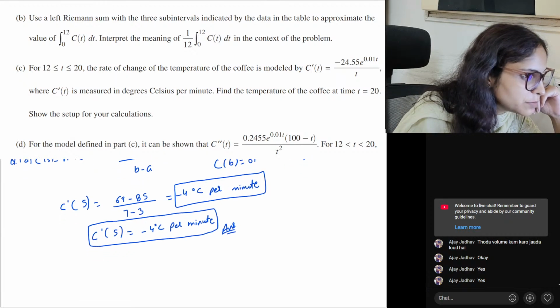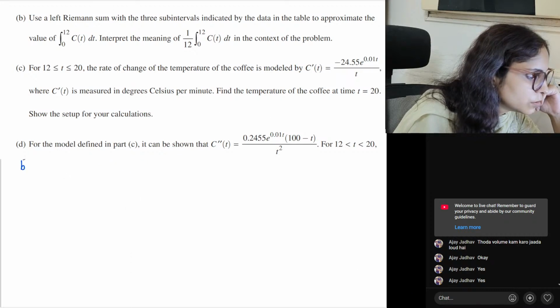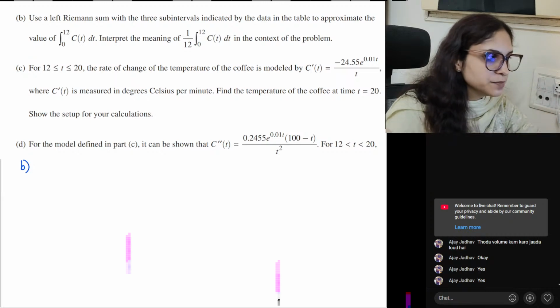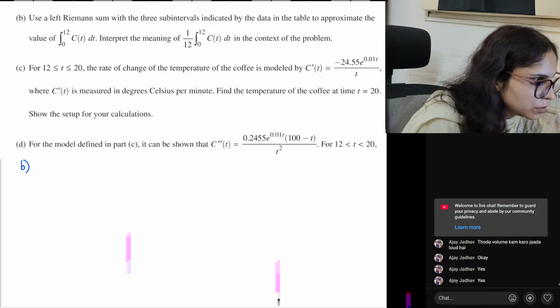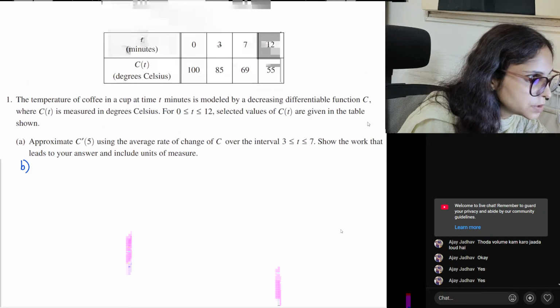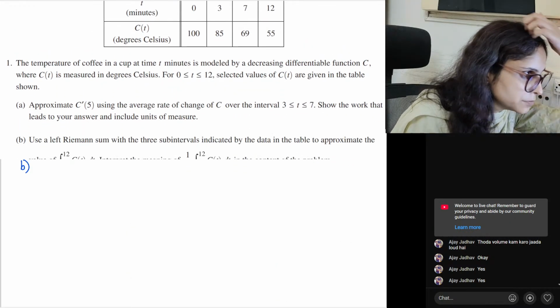In a left Riemann sum, we take the leftmost values. Now I'll need the table, so I'll go back and see the table.